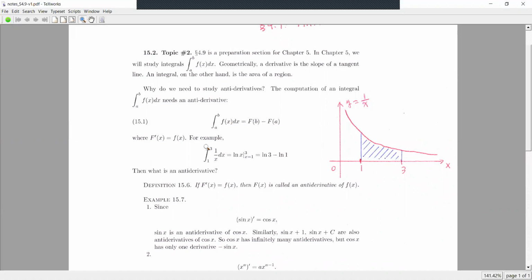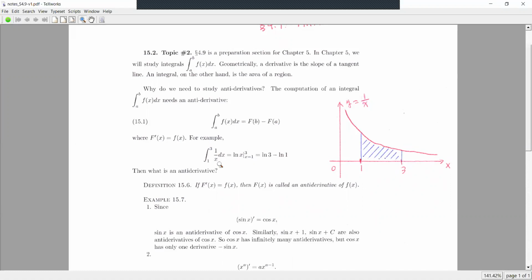For example, let's compute this integral. This integral is the area of the region between the x-axis and the graph, and also between 1 and 3. So this integral is the area of this region. Then how to find the area of this region, or how to find this integral?